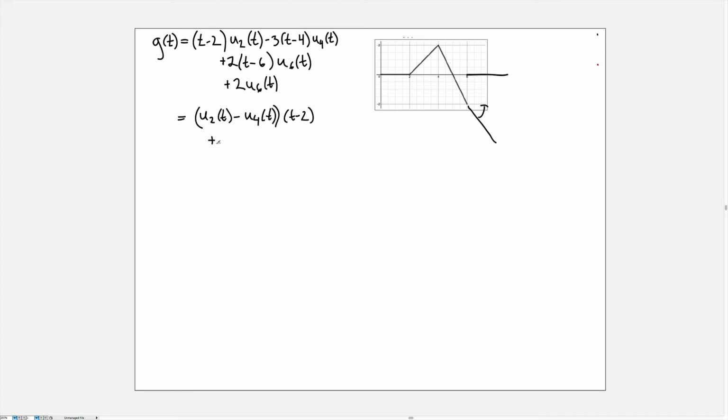And then add to that, in another section from 4 to 6, we have the formula of the line will be exactly minus 2, and then that has a 0 at t minus 5. And so either of these two will give you the correct answer. They just have a slightly different form.